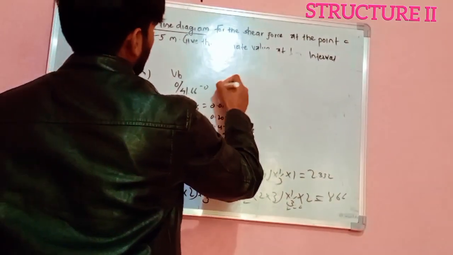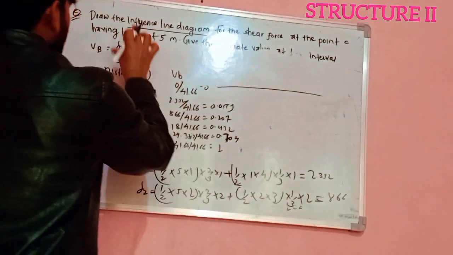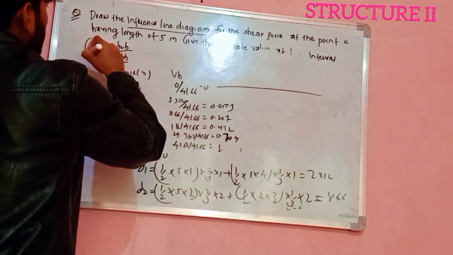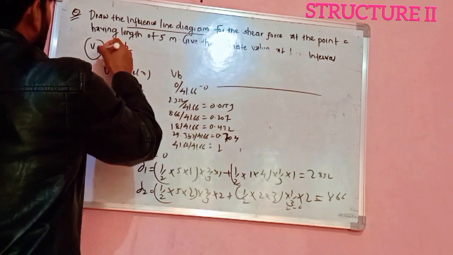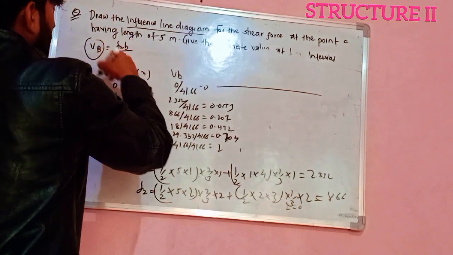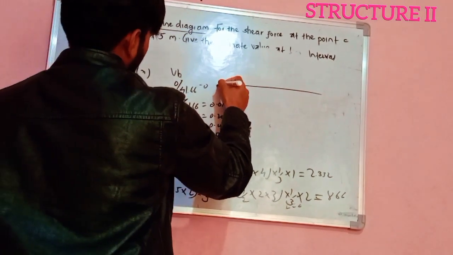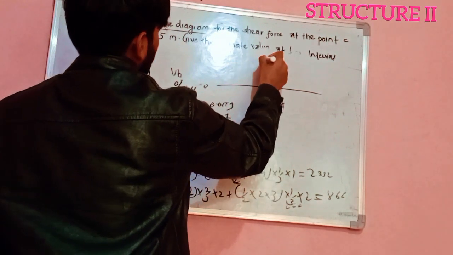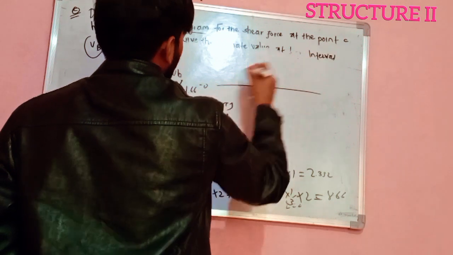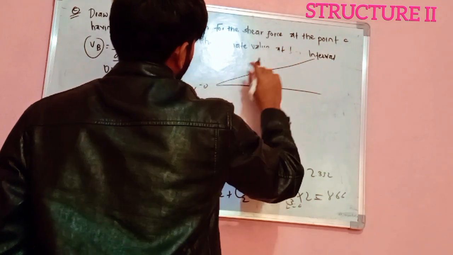If you draw the ILD due to the force at B, you can put a point at 0. This is 1, this is something, and here something, but don't draw a straight line like this. This is wrong.